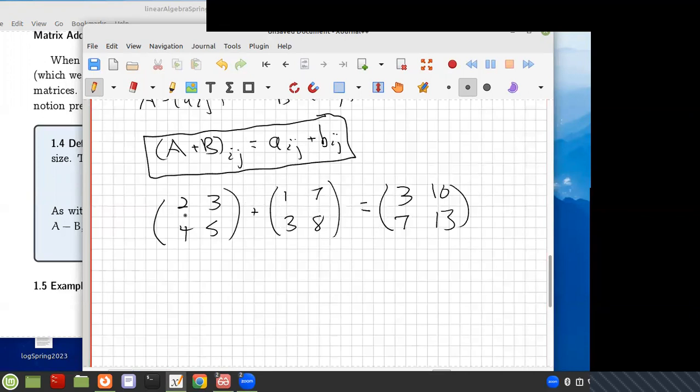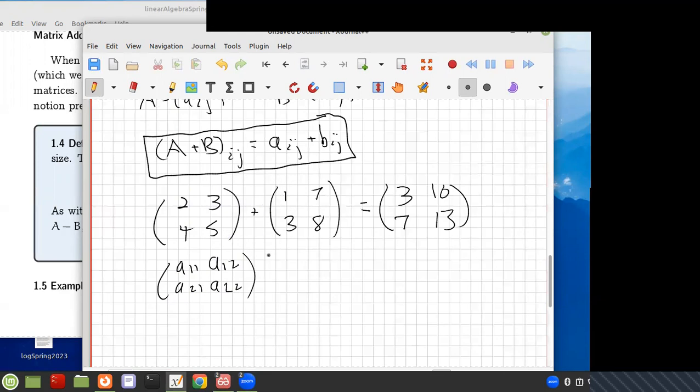So this first one here is A11, this is A12, this is A21, this is A22, because the first index is the row, row 1, row 2, and the second one is the column, column 1, column 2.